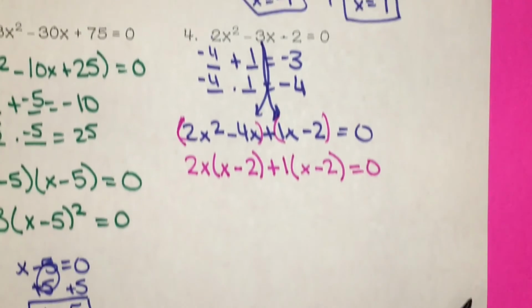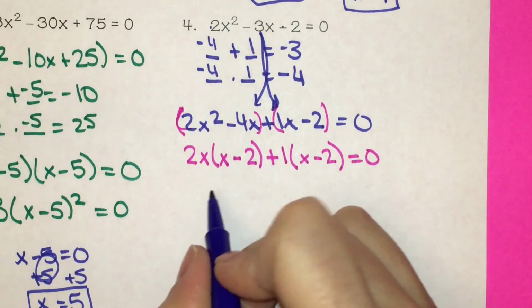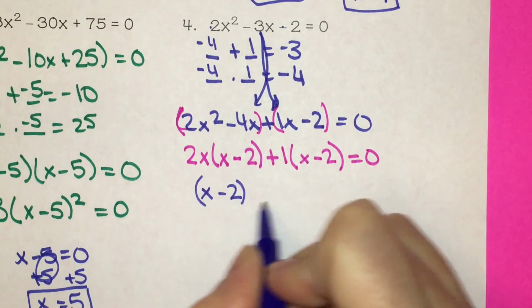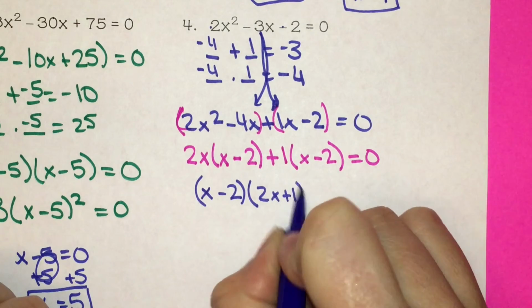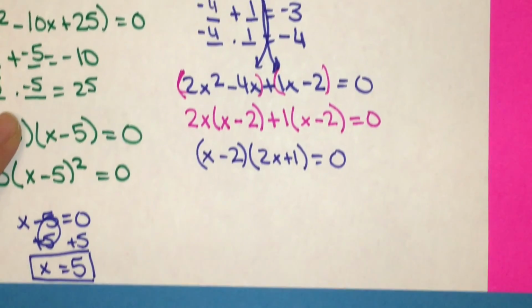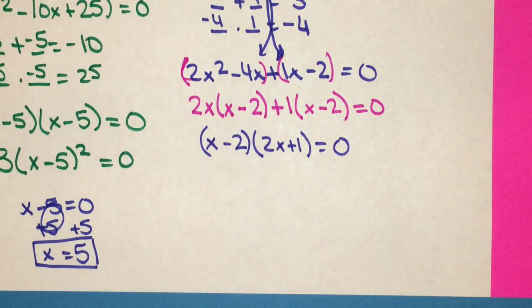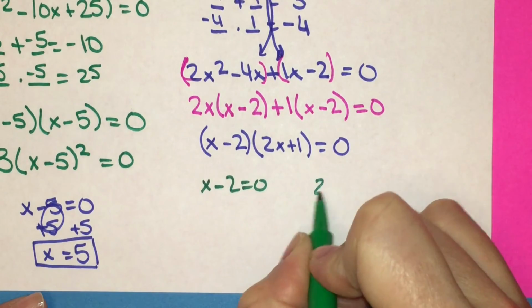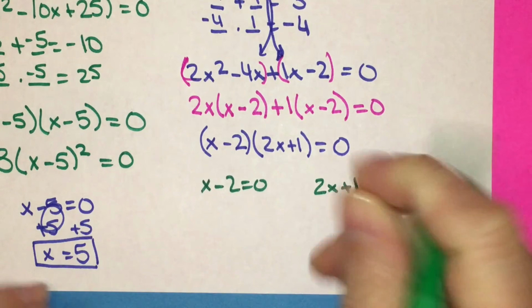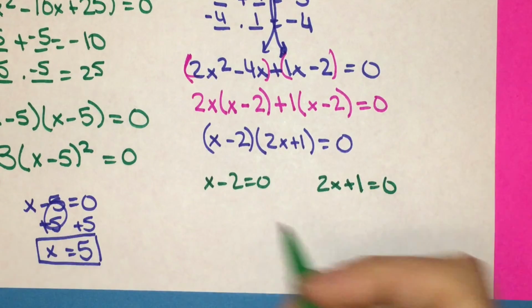All right. The greatest common factor is x minus 2. Factor it out, and what are we left with? 2x plus 1 equals 0. Solve for x. x minus 2 equals 0 and 2x plus 1 equals 0. Just set them both equal to 0 and solve.